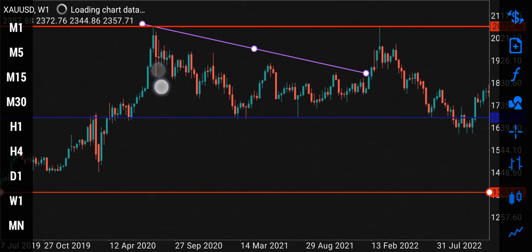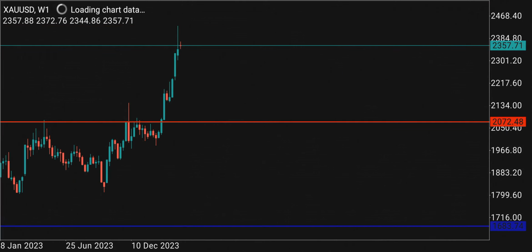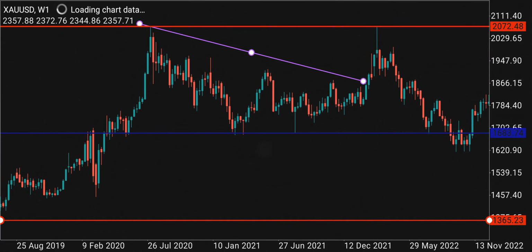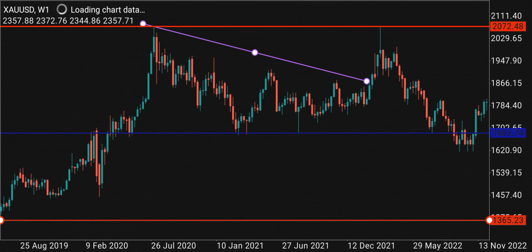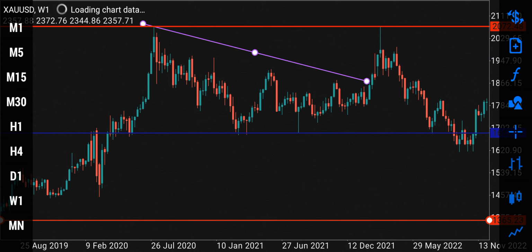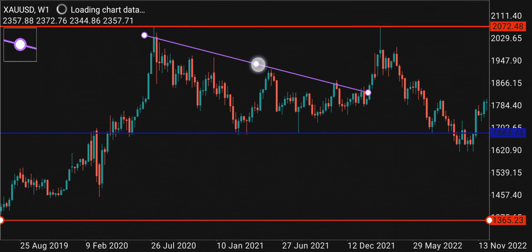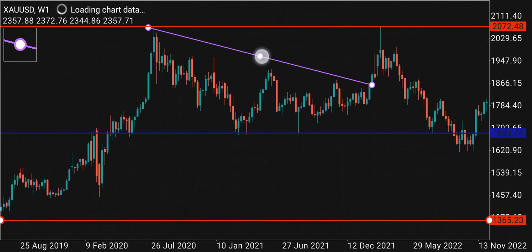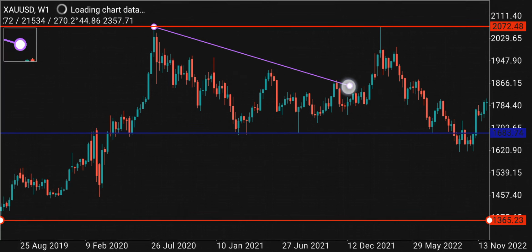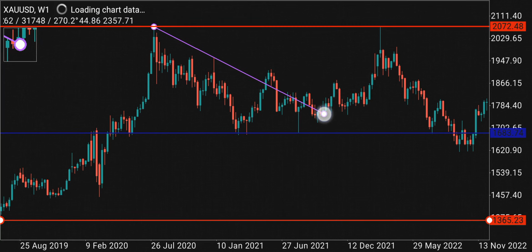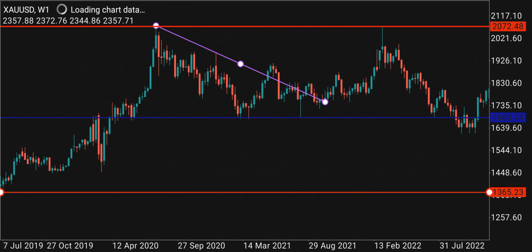We identified that this and this made a peak, so I can come and move this line. It is touching there. It can touch here. So once the line touches that point and that point, that's a trend line.